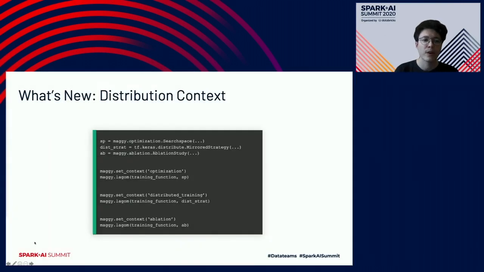So if we look at the API, really what we want to have is this training function, and this training function is just a pure Python training function without any further modification. And we just launch it, and the training function is going to be launched through a Python library through Maggy in the different contexts without doing any further modifications.